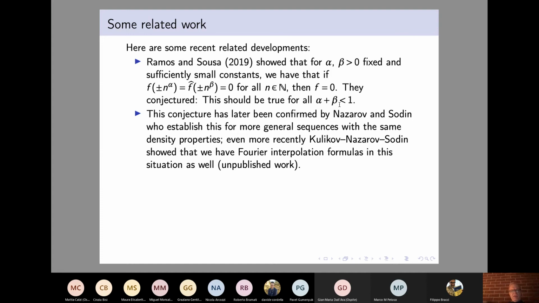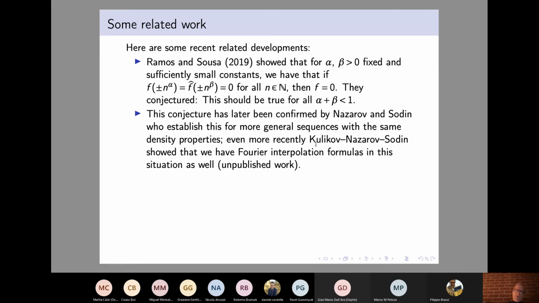The Kulikov theorem shows you where exactly the critical density is, and what Nazarov-Sodin did was basically to show that whenever you have two sequences whose joint density is strictly larger than the critical one, and the sequences are sufficiently regular, roughly speaking in the same way as here, but they allow more general sequences, then we have a uniqueness result. Here, Ramos and Sousa required uniqueness.